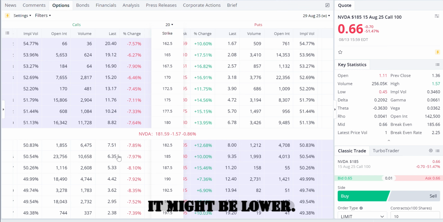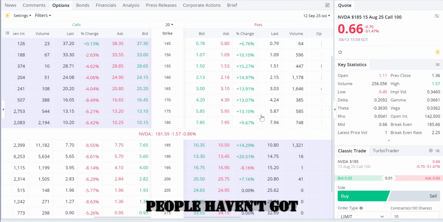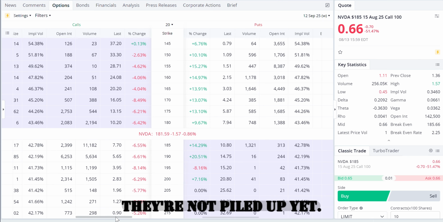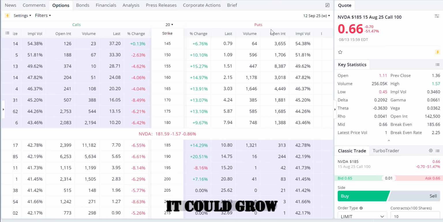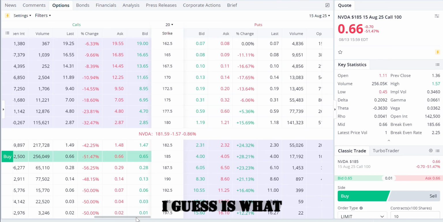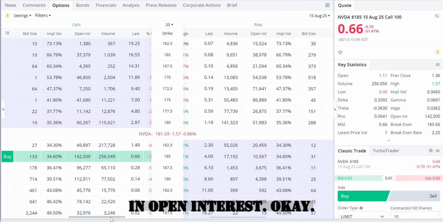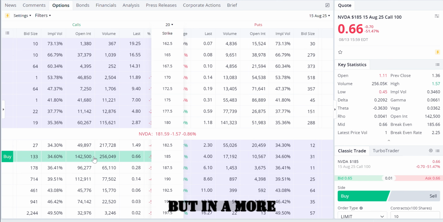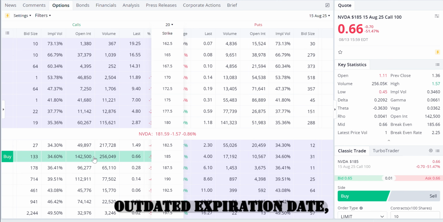That's because the people haven't gotten in there yet. They're not piled up yet, right? It could grow as the expiration date gets close, I guess is what I'm saying. The volume and open interest. Okay, but 1,000 or more. And if you have a long outdated expiration date, then it's okay.